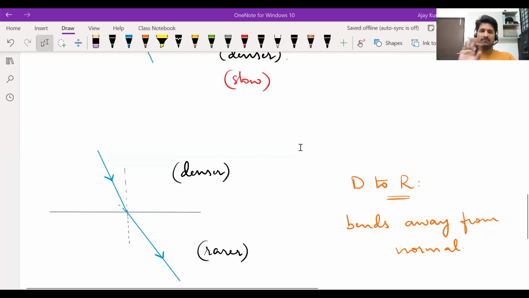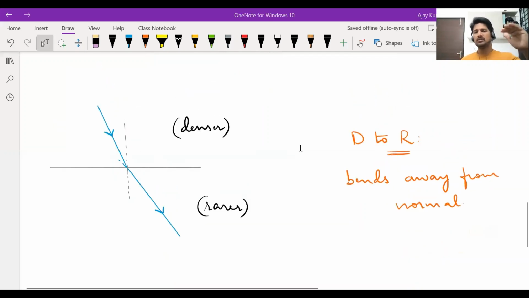How much energy gets reflected is not part of the syllabus now. But when it is reflected, how it gets reflected, we know at what angle, what kind of image it forms, all that we have discussed already. Now we are talking about the refracted part of the energy, the refracted part of light. Reflection will also happen. Don't forget that.